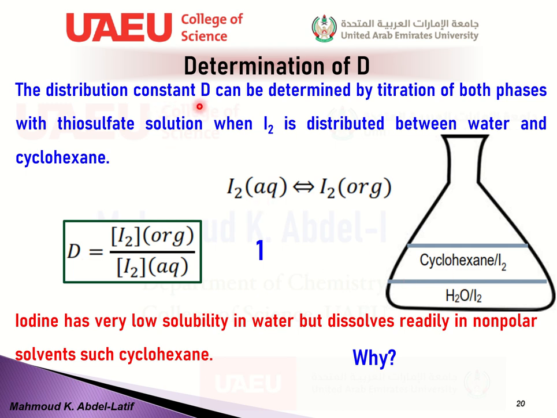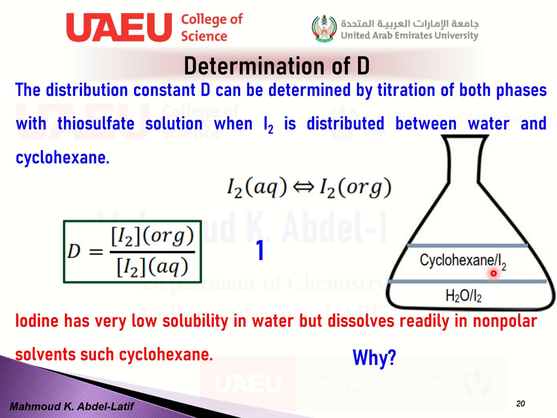The distribution coefficient D can be determined by titrating both phases with thiosulfate solution when iodine is distributed between water and cyclohexane.